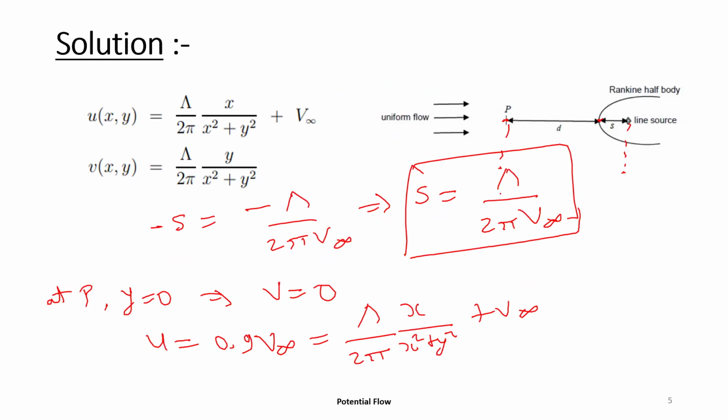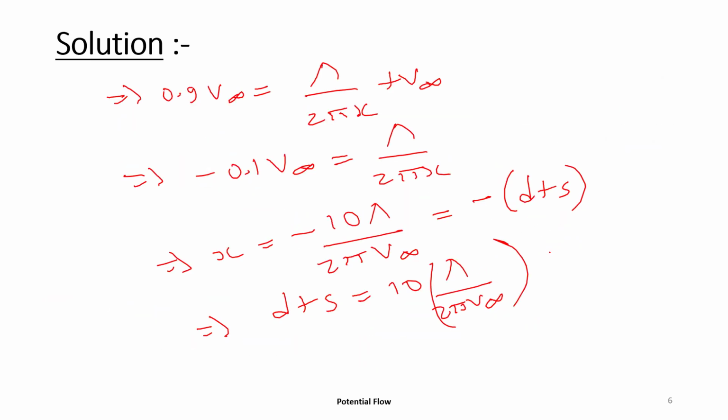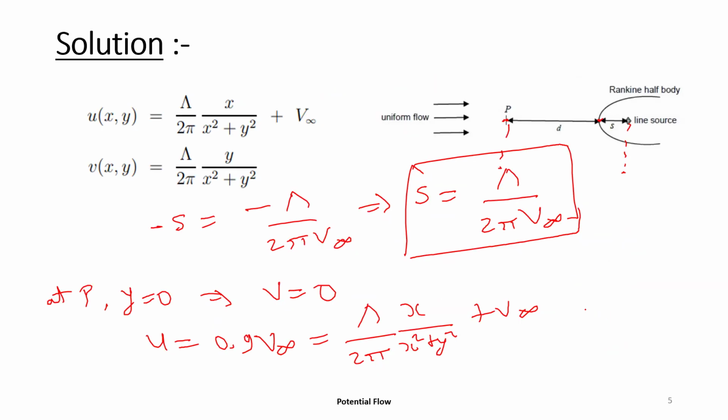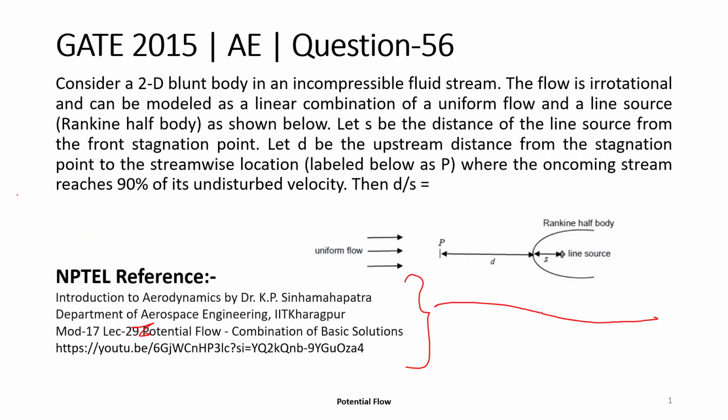We have already seen this lambda upon 2 pi V infinity is S. So it will be equal to 10S. So D equal to 9S. So D by S will be 9. So D by S equal to 9 is our answer. Thank you.